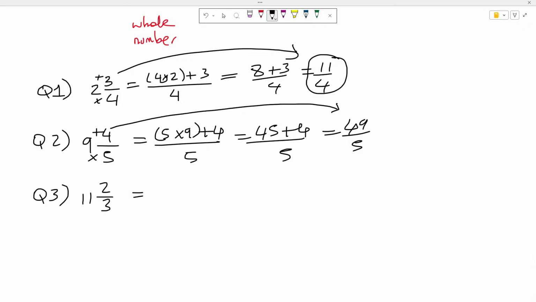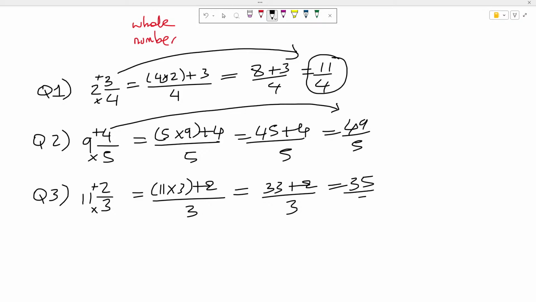We take 3 multiplied by 11 and then plus 2, divided by 3. 11 times 3 is 33. 33 plus 2 over 3 is equal to 35 over 3.